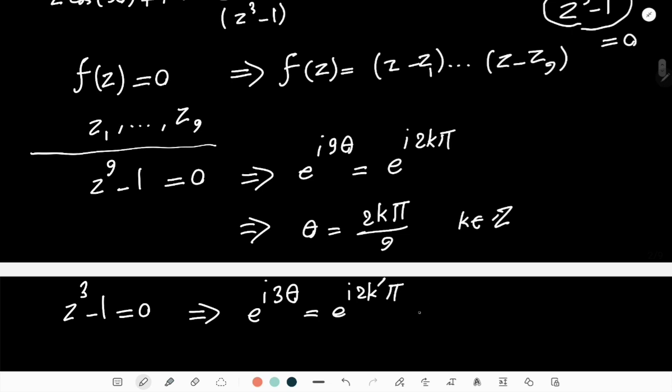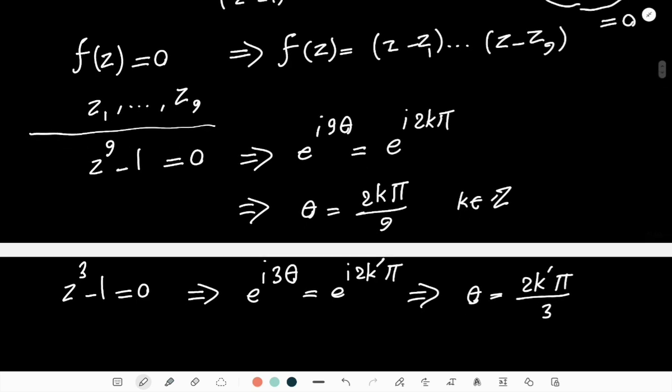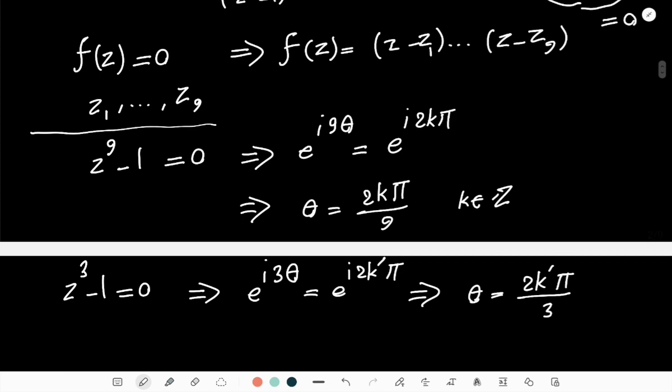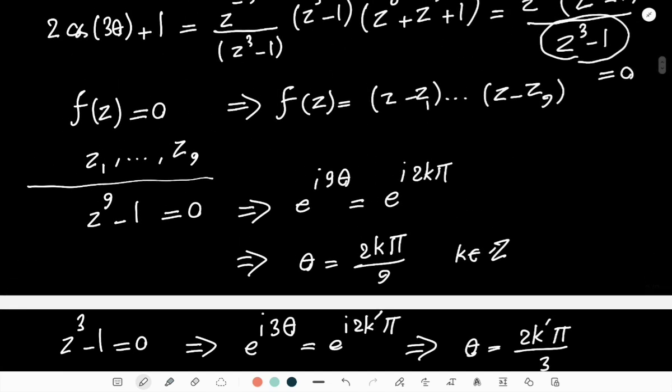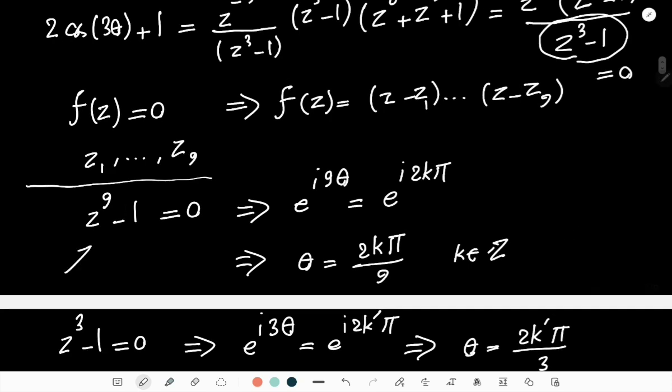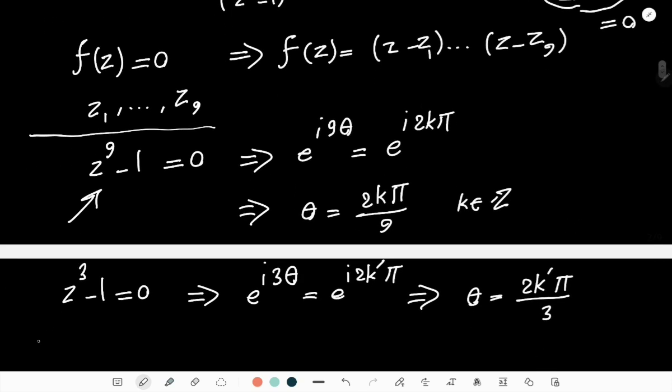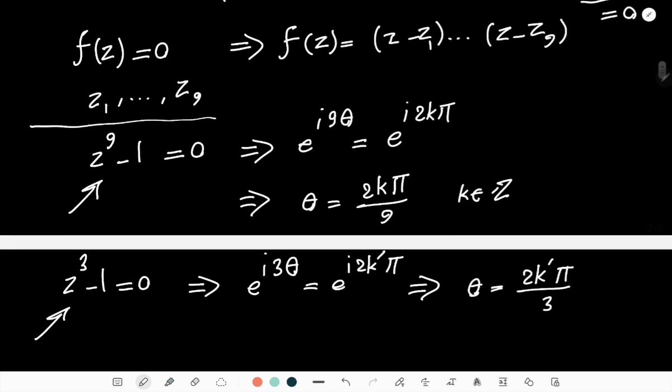So this gives me theta equals 2k prime pi over 3. I put it k prime so that you do not confuse it with k. So we have this here. We know that some of the roots of this equation can be equal to the roots of this one. So we have to exclude them.